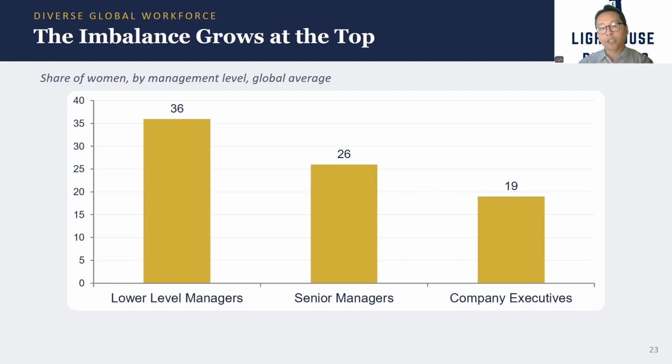This pattern is sometimes described as a leaking pipeline. Women enter management in reasonable numbers, but a smaller and smaller share make it to each higher level of leadership. Understanding this pattern is the first step for any company trying to close the gap.